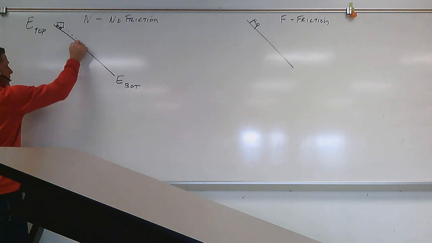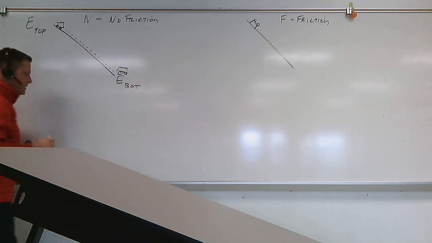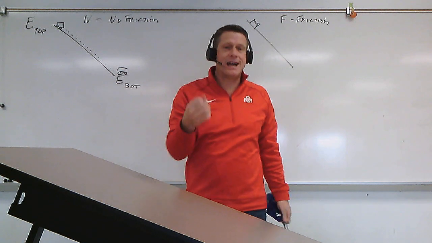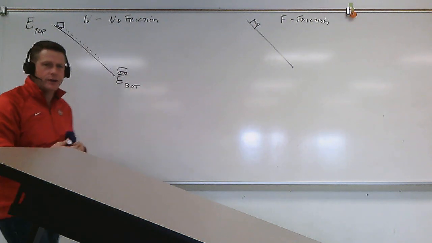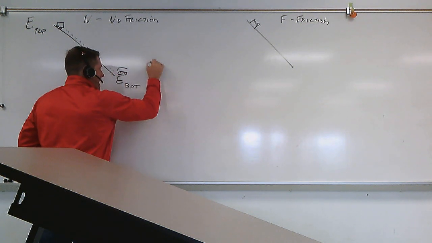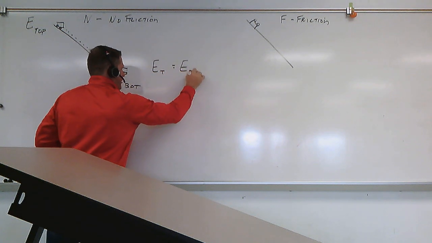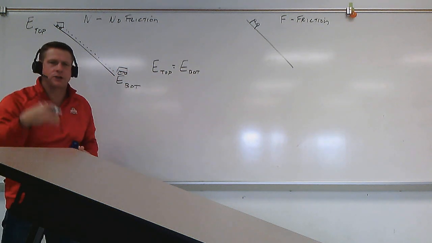This cart comes down here and contains a certain amount of mechanical energy at the bottom. Since it's conservation of mechanical energy and there is no friction, the energy at the top is equal to the energy at the bottom. Now that E stands for total mechanical energy.